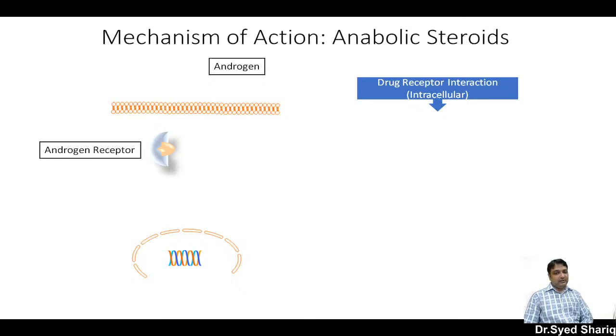Mind you, most of the time the receptors you have studied, the G protein coupled receptors and other receptors, are on the surface of the cells, while these receptors are intracellular receptors.